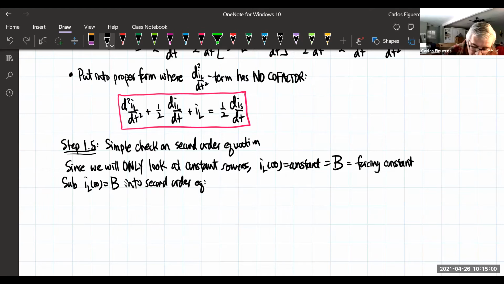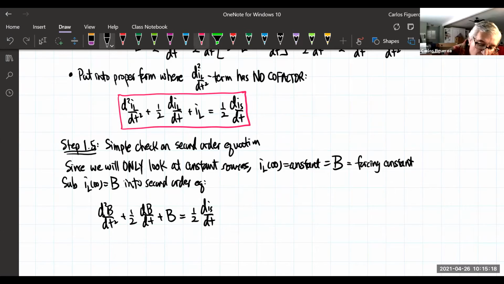And what do I get here? Well, I get the second derivative of a constant plus 1/2 the first derivative of a constant, and then I'm going to get b, and this is going to be 1/2 I source. So right away, of course, this is 0. Of course, this is 0.